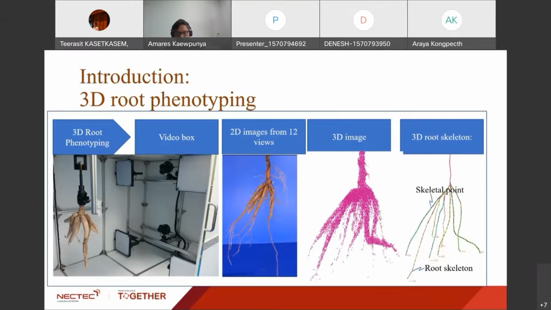Finally, the 3D image of the cassava roots was converted to 3D root skeletons to represent the center line of the roots and used to measure the cassava root morphology.